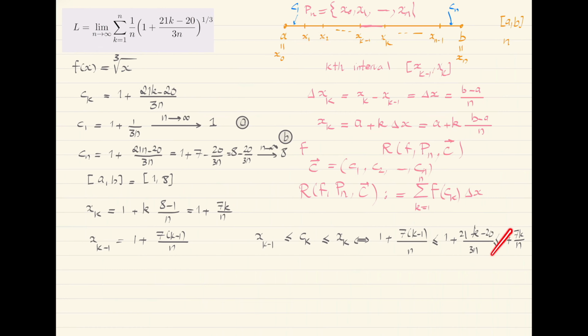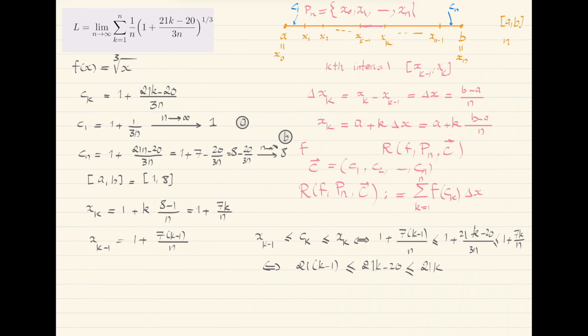First of all, you see that I can drop this 1 from all sides, and then I can multiply everything by 3n. Okay, so what happens? After dropping the 1s and multiplying everything by 3n, the left side becomes 21k minus 21, the middle one becomes 21k minus 20, and the right hand side will be 21k.